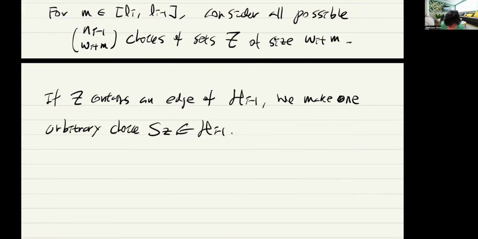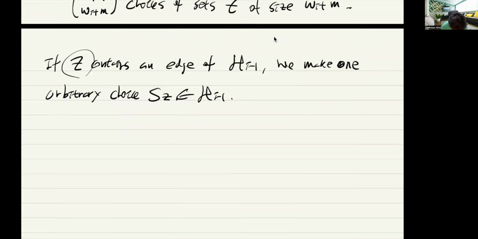Okay, then this G will play the role of W union T.